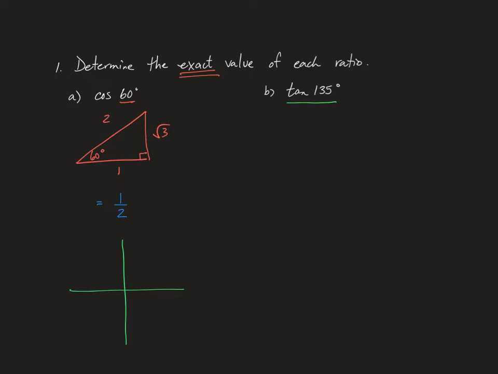If I stick with my green, then I know that a rotation angle of 60 degrees would put my terminal arm somewhere here. And now what I need is my triangle. What I can always do is pick a point on my terminal arm, and drop in my height to the x-axis.